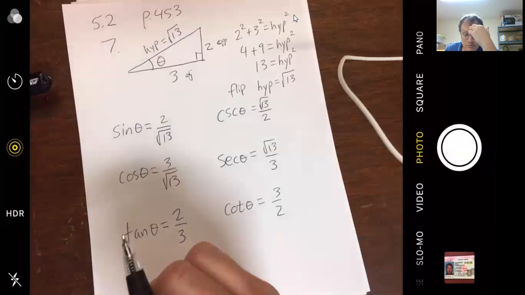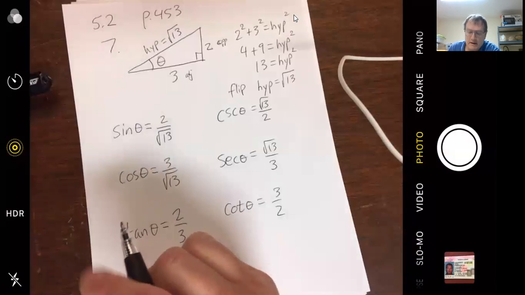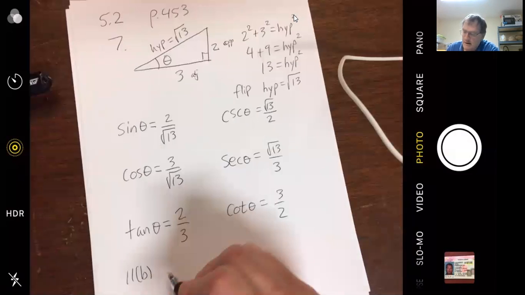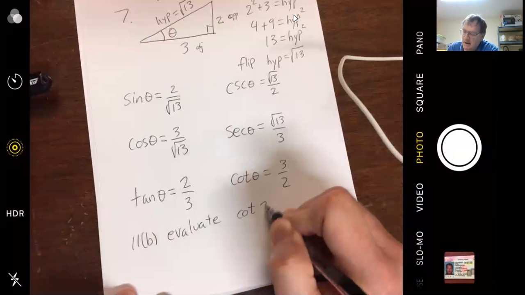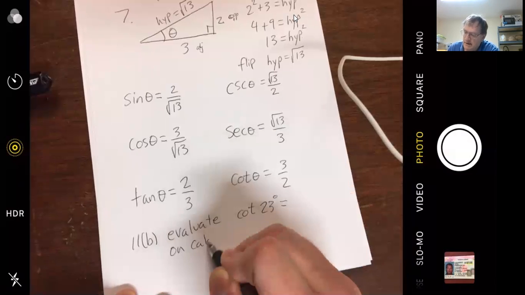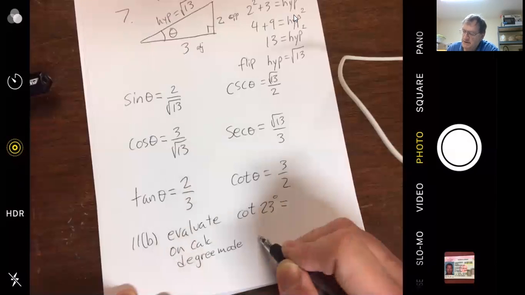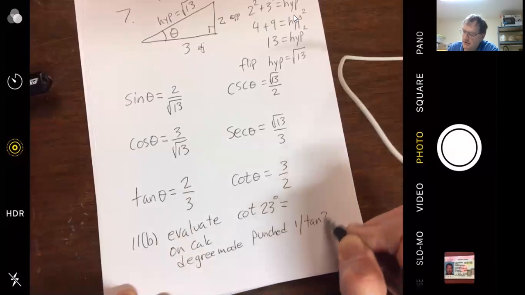Why don't we punch something like 11b. Evaluate cotangent of 23 degrees. On the calculator, degree mode, no cotangent key, so it's punched 1 divided by tangent 23 degrees.